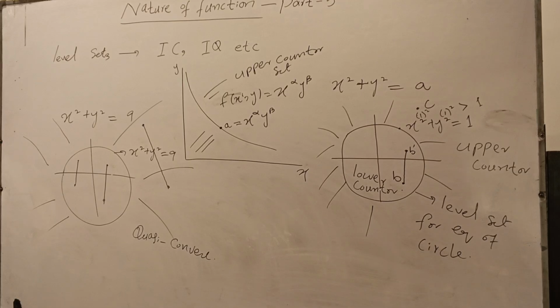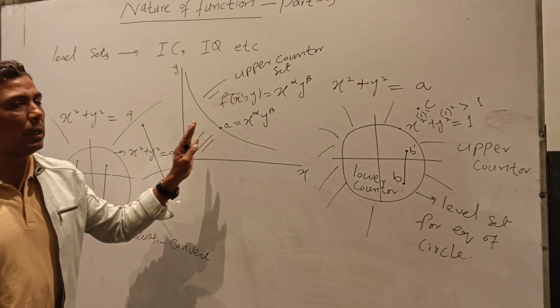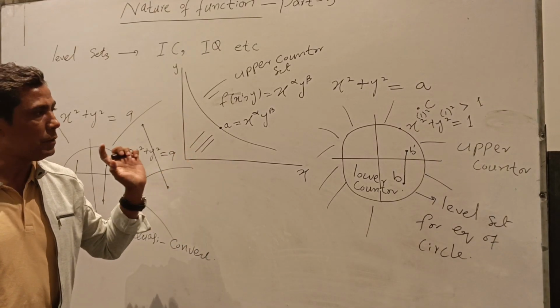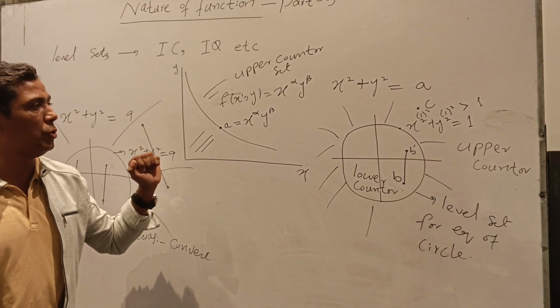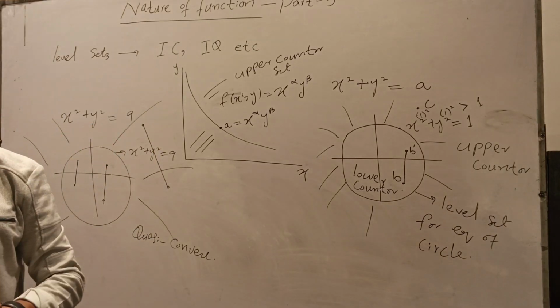So sir, कैसे कहना है? These are linear combinations of convex sets which are quasi-convex. First of all, you have to decide what is the level set. ठीक है. Because देखो, in case of the multi-dimensional space, right? So you have to define what is your objective of the optimization.